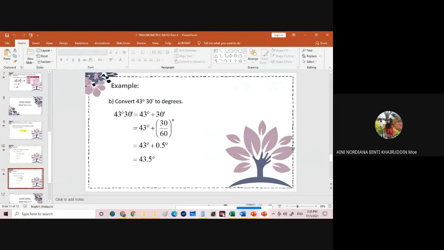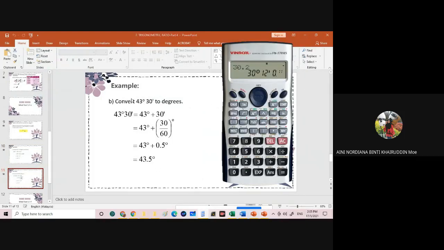Let's say for this question, convert 43 degree 30 minute to degrees. So 43 degree, press 43 and then this button. Then 30 minute, press 30, then press this button again. So this is 43 degree 30 minute.